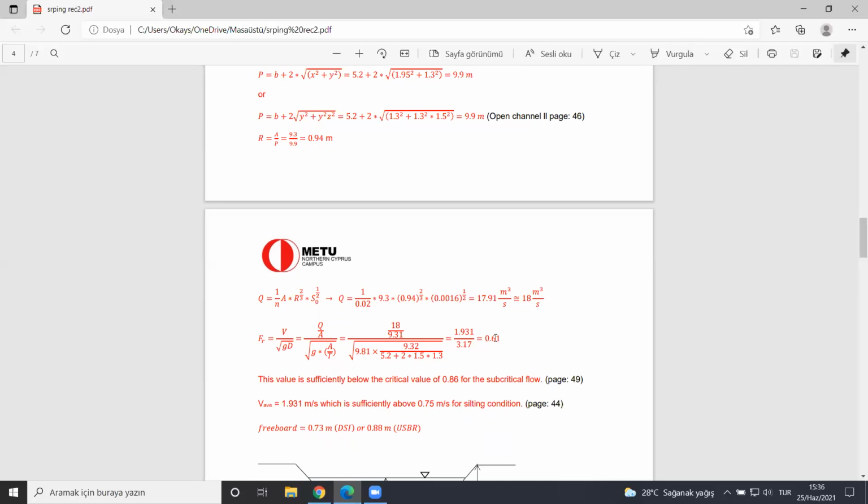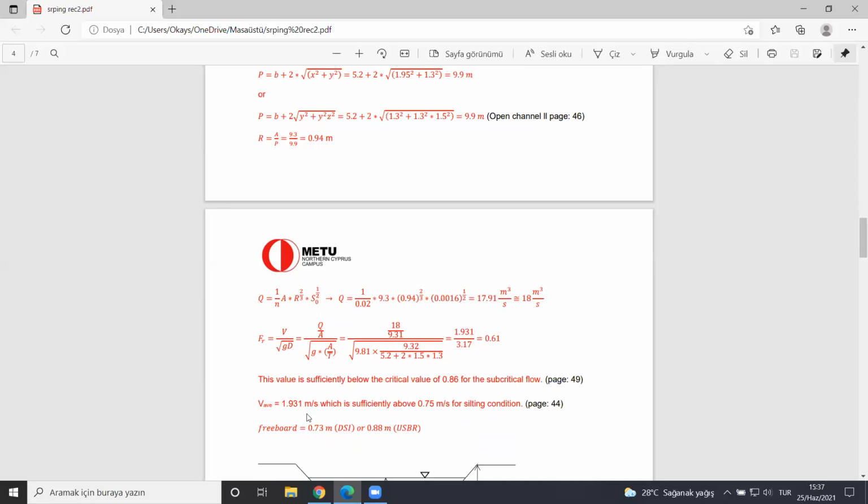Since it is less than 1, we have a subcritical flow. Since it is subcritical, it should be less than 0.86, which it is. Therefore, for the Froude number check, we are okay.